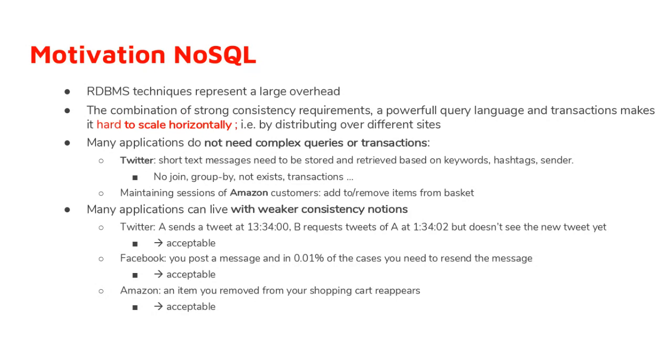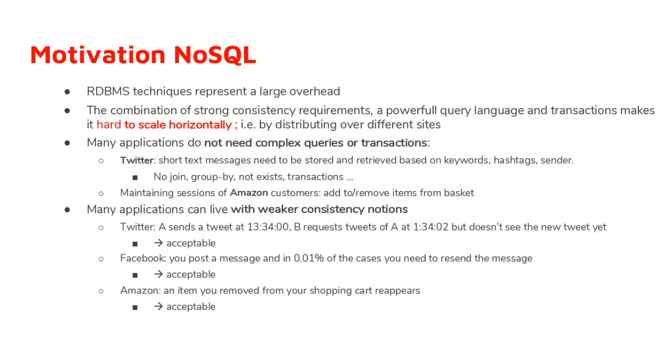And then the third case is Amazon. If you, for instance, remove an item from your shopping cart and Amazon, because of the high load or something, at that moment doesn't do that, so it forgets the action that you clicked on the remove button, that's also acceptable.